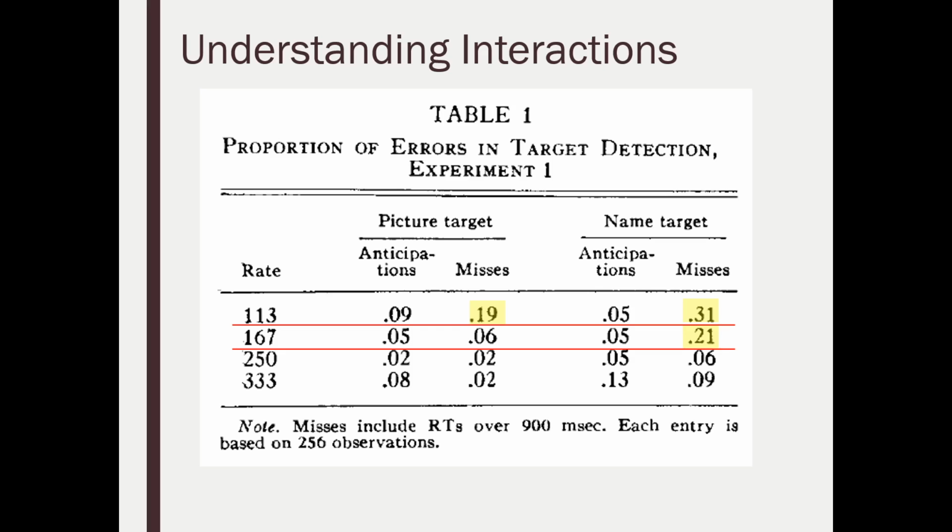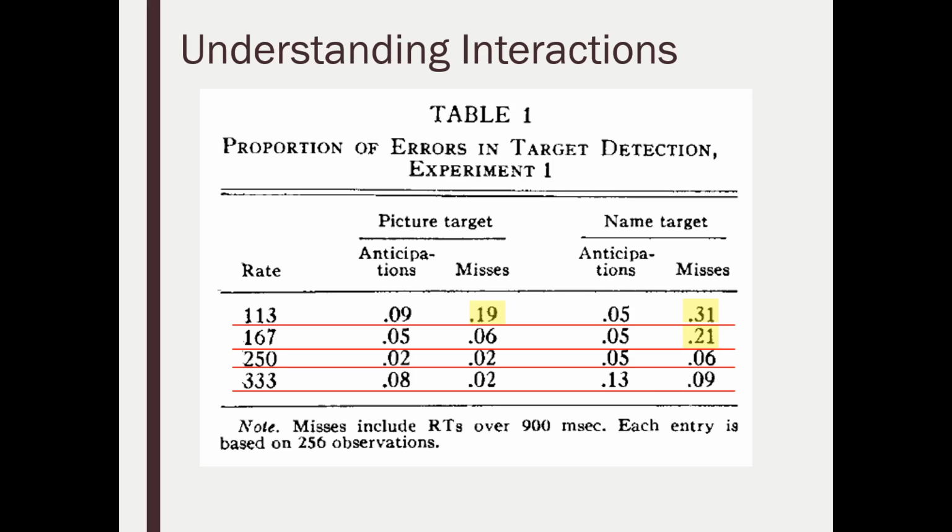So now we're seeing that the picture target miss rate was really high at the 113 milliseconds level. Because now we keep going down and we see the miss rate keeps going down, right? And it gets down to basically the floor by 250 milliseconds.